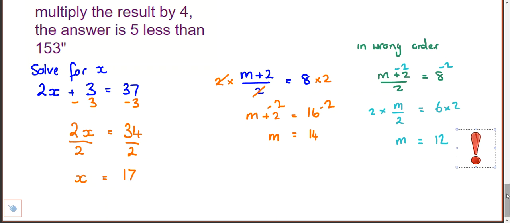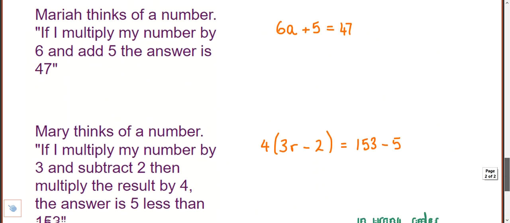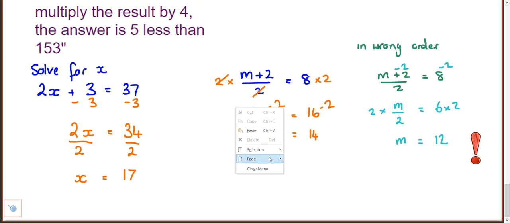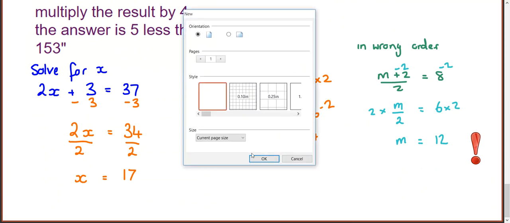We ready for the next one? Yeah. So what do we have? 6a plus 5 is 47. So does everyone know the last thing that was done to get to the answer 47? Plus 5.